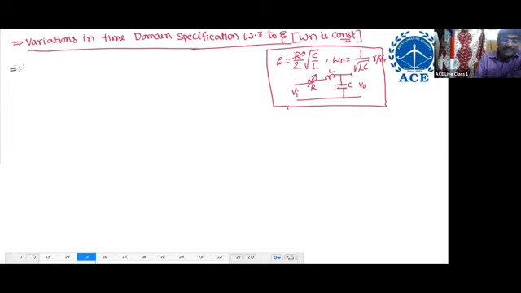First, as zeta increases from 0 to 1, the poles move towards the left and near to the real axis.